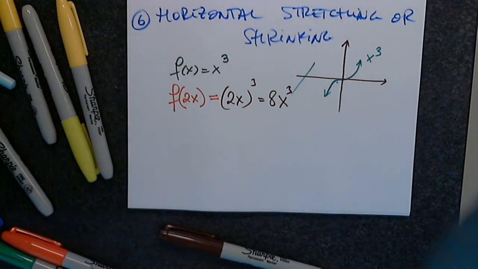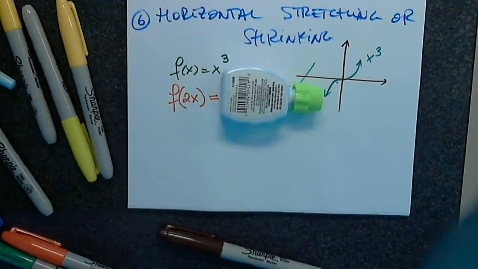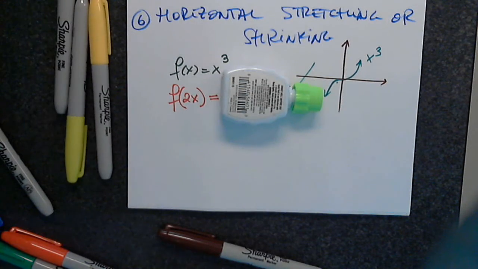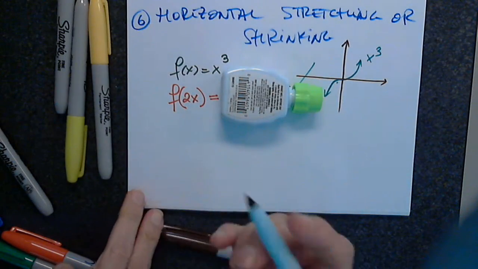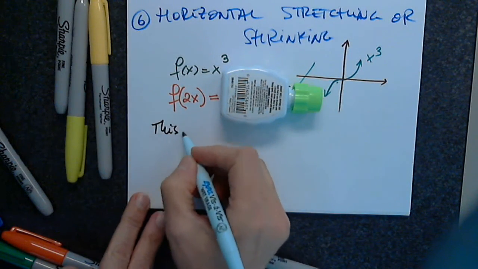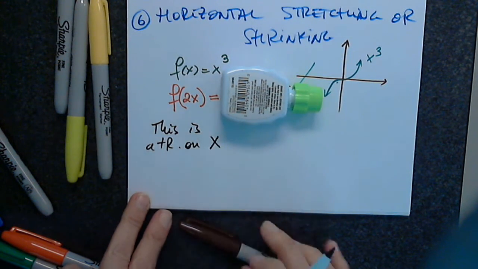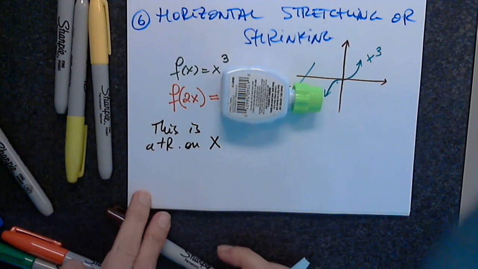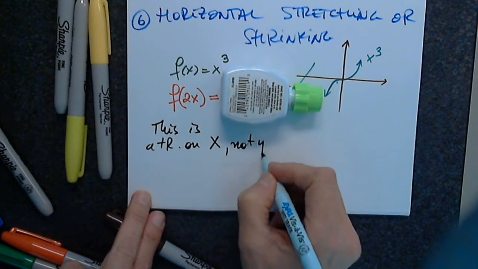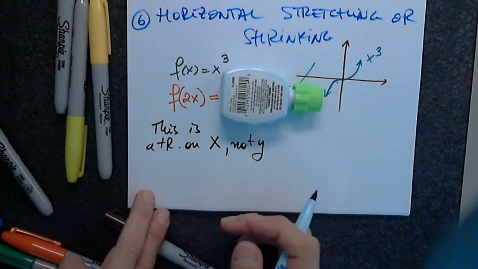Okay. Now stay with me. Don't look at this for a moment. And let's write down something very important. A note for ourselves. This is a transformation on x, not on y, correct? Not y. What did we do?